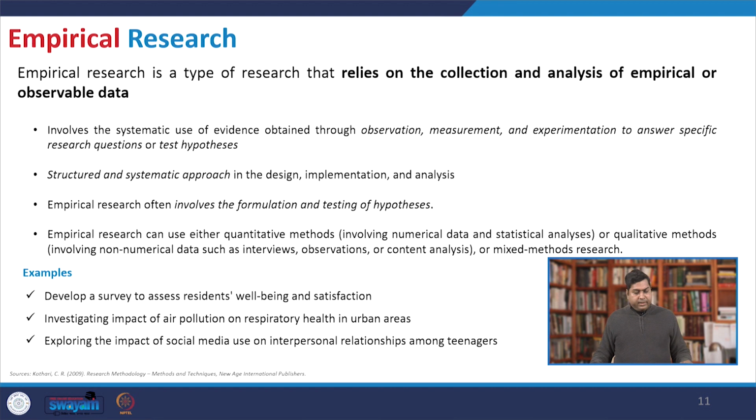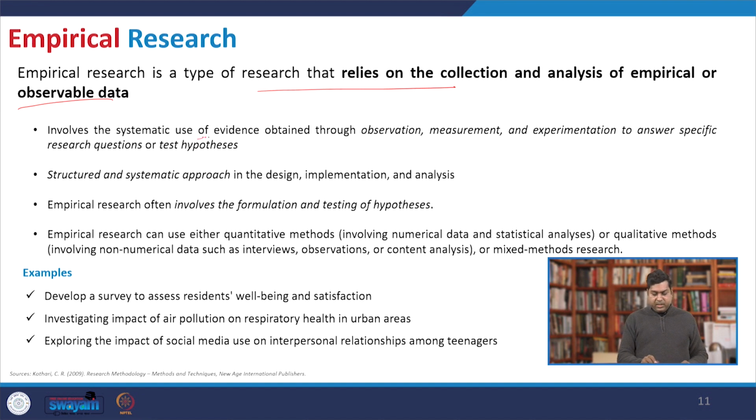Coming to this category, empirical research is much more about data. Empirical research is a type of research that relies on the collection and analysis of empirical and observable data. It is much more similar to analytical research.